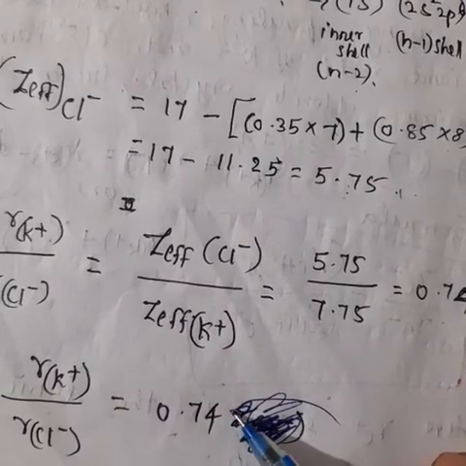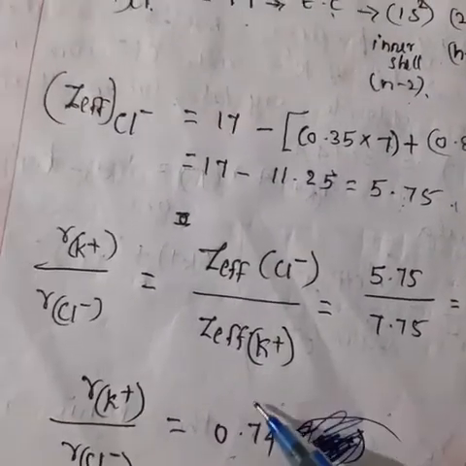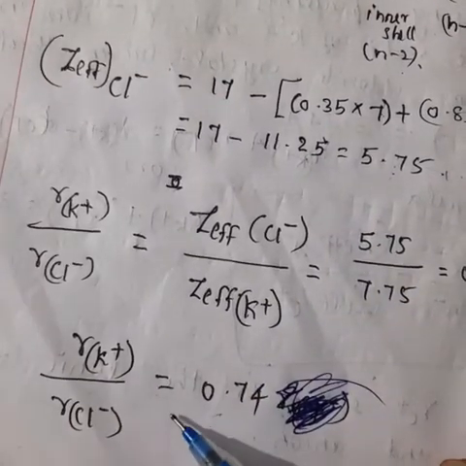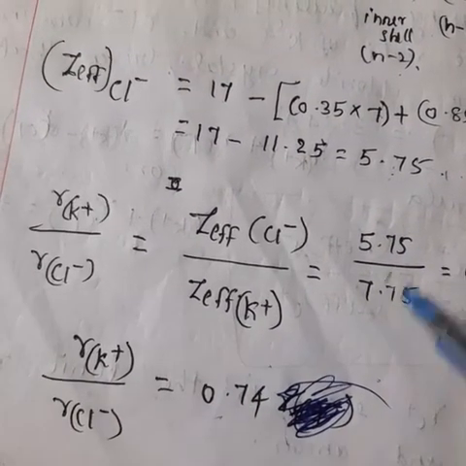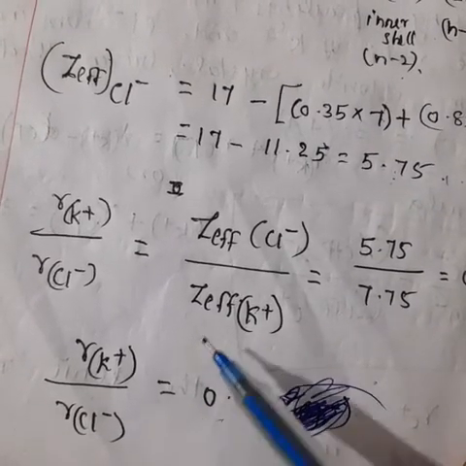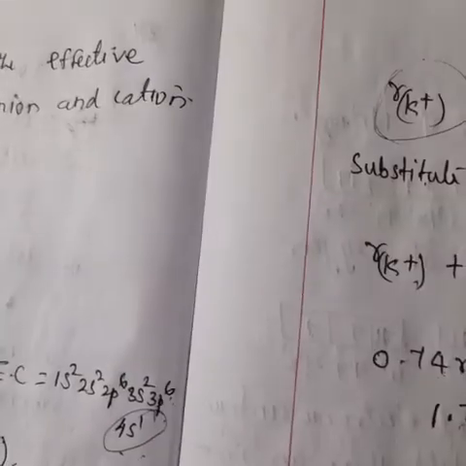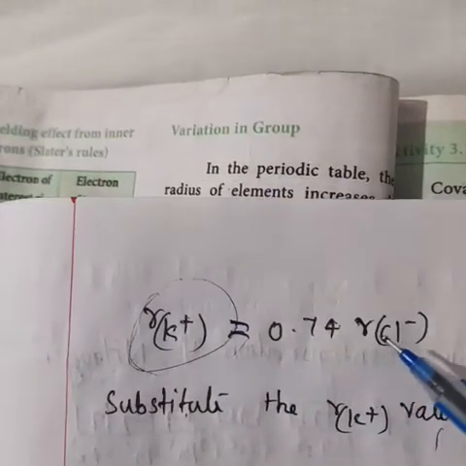From this we are going to calculate the R Cl minus value first. For that we take R K plus first. By cross multiplication, we get R K plus is equal to 0.74 into R Cl minus.